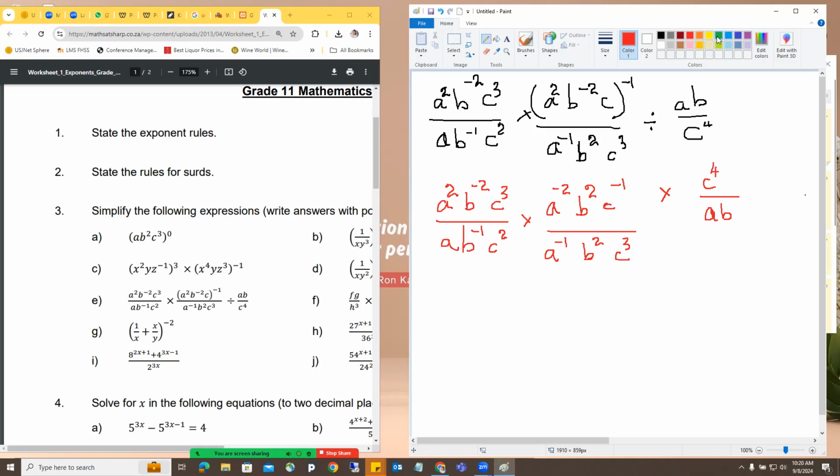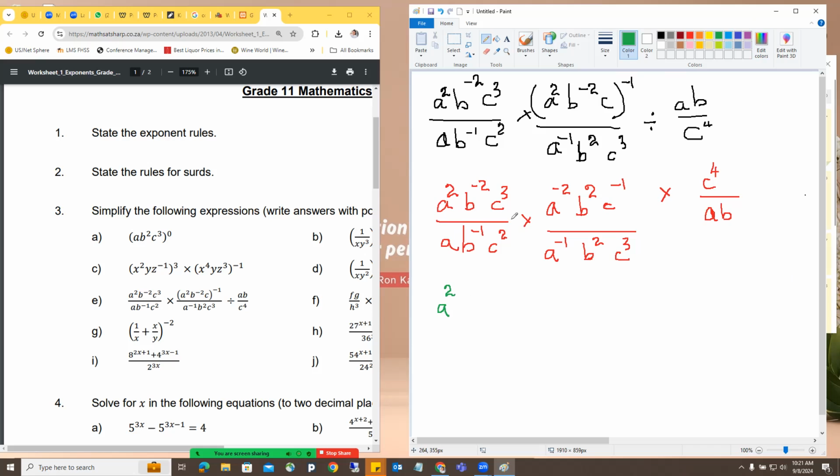Now what will happen? Here we have a squared, here we have a minus 2. What do you think will happen? Yes, going down.